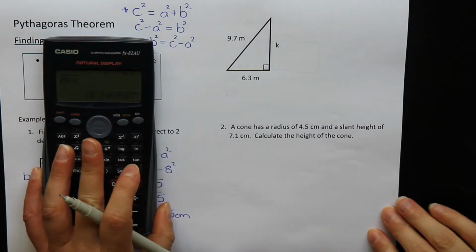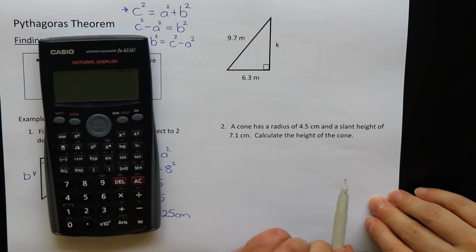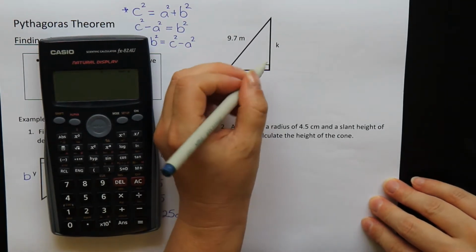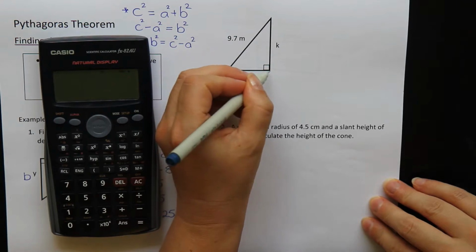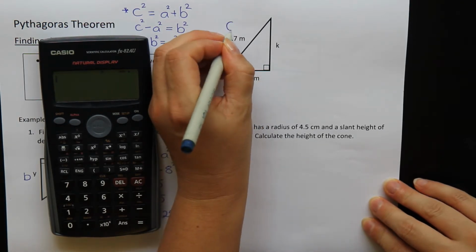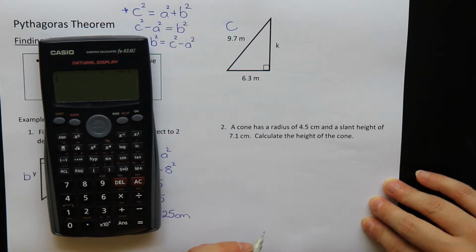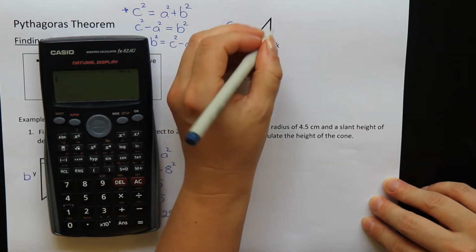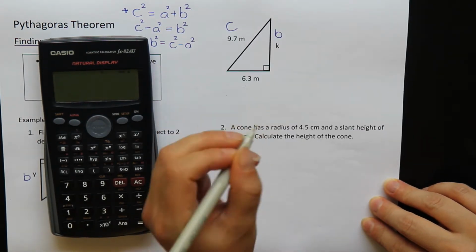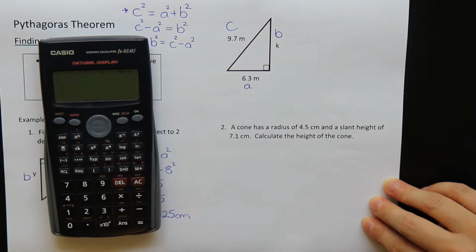Alright, let's try that again for this question here. The hypotenuse, straight across from the right angle, is this one, so that is c. I am trying to find this side, so I will call it b, and the other one will be the a.